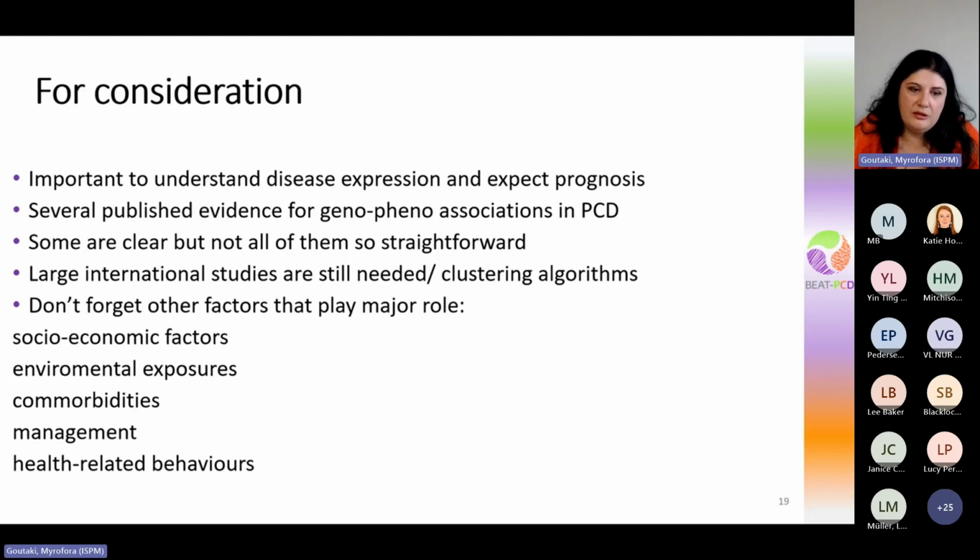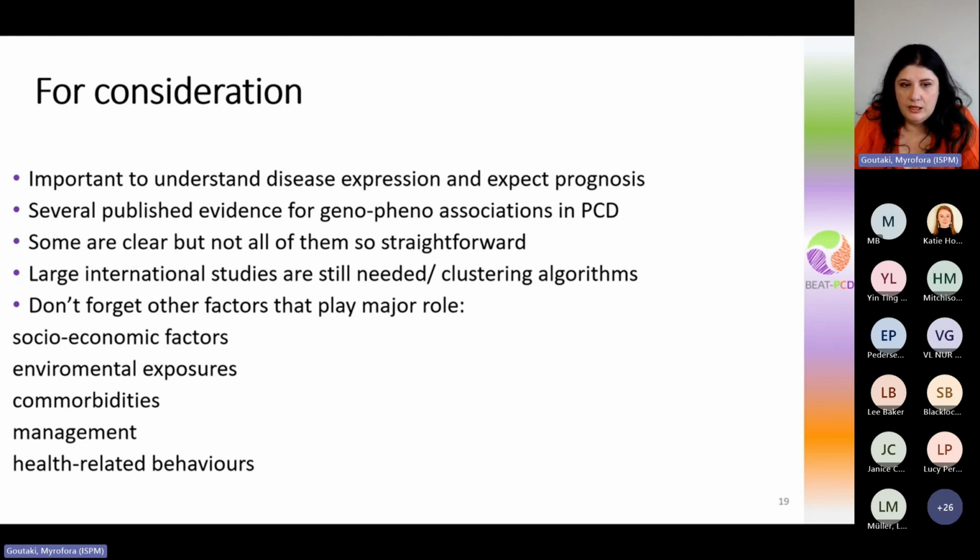So, and this is my last slide, what is important to know is that yes, genotype-phenotype associations are important for researchers and clinicians to understand how PCD is expressed, and also to help to predict prognosis for a patient. There are several studies already, lots of published evidence for genotype-phenotype associations, but while a few things are clear, most of them are not so straightforward.